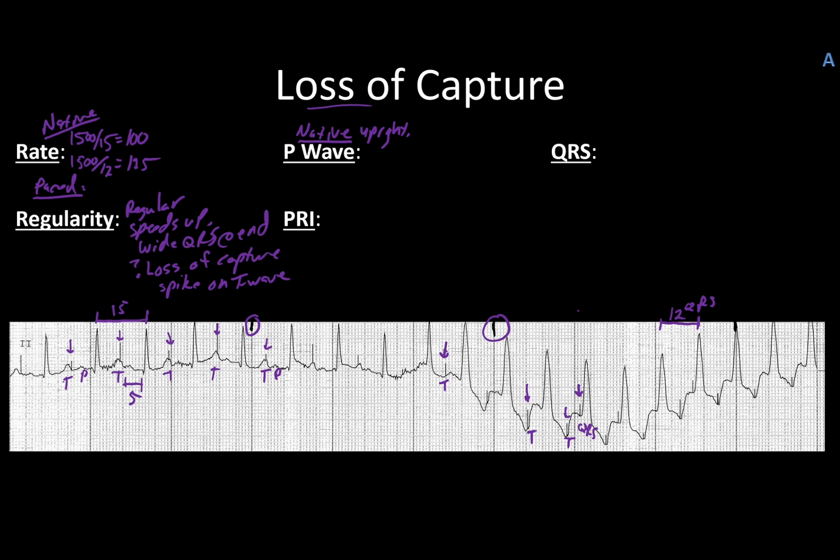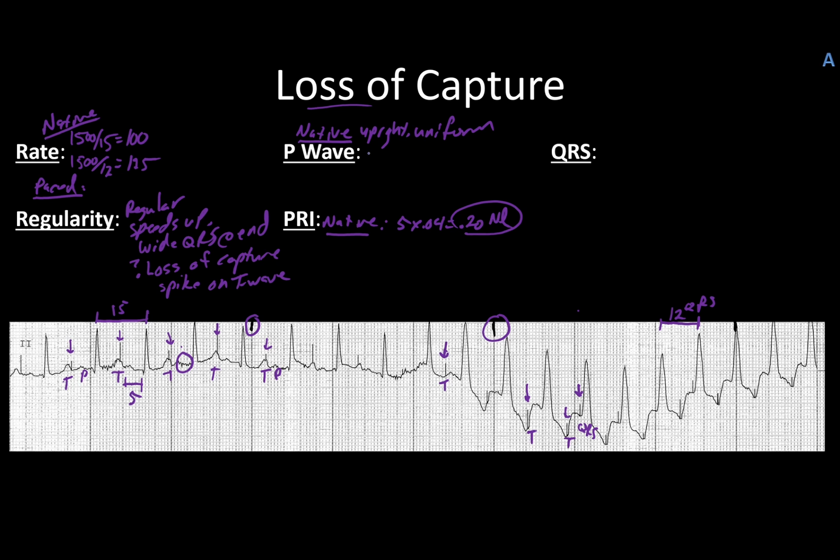I'm going to say uniform because I'm going to say that this little bit here is probably artifact. And so native, we got 5 times 0.04 equals 0.20, which is on the longer side of normal.